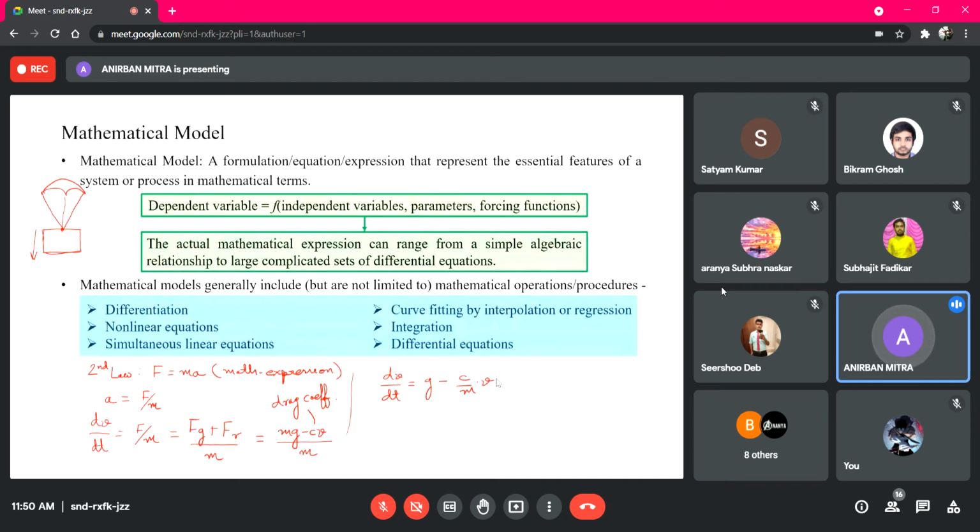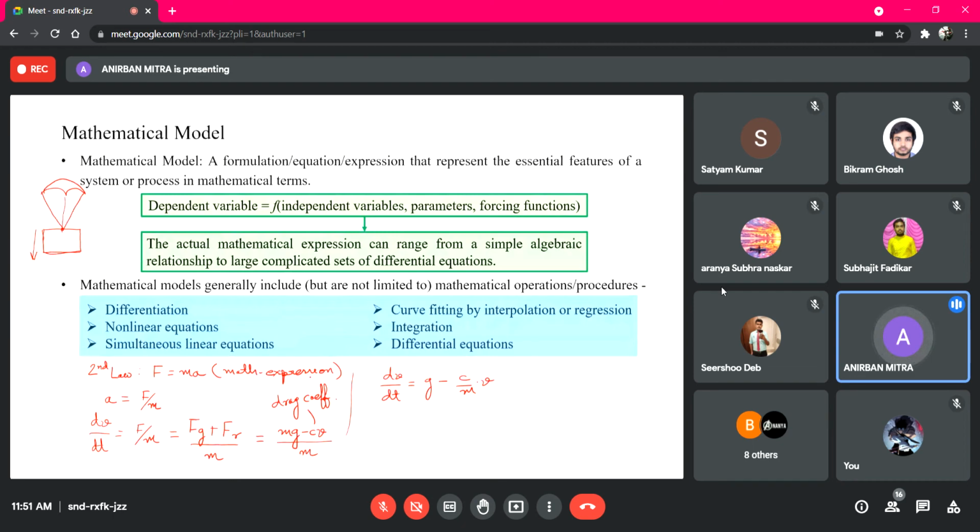How do we solve for the velocity? We have to solve this differential equation, and there are rules governing the differential equations. You know all of that from your +2 level calculus, and if I give you this problem, you will be able to solve it quite easily. And finally, what we will obtain is an answer for this.